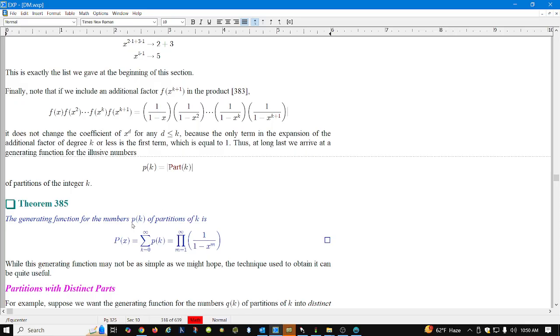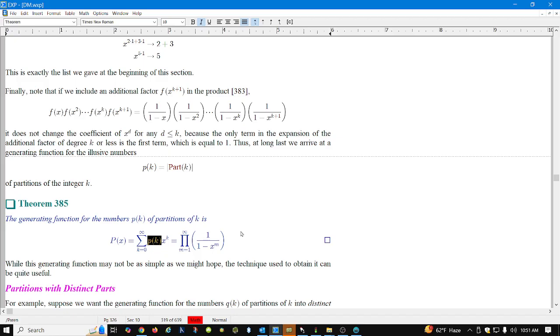That's the generating function. Capital P of x is the sum of P of k x to the k, the generating function for these numbers, and it's this infinite product.